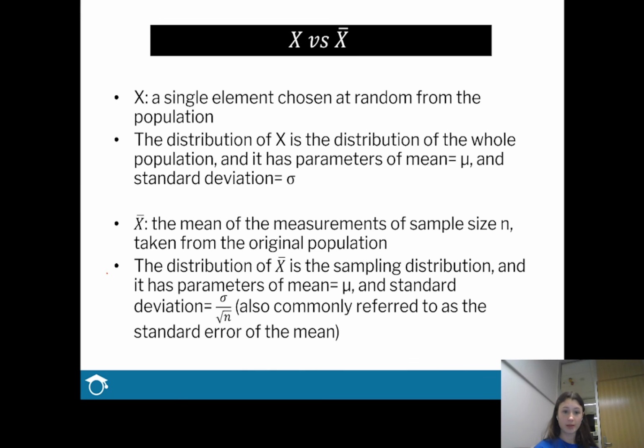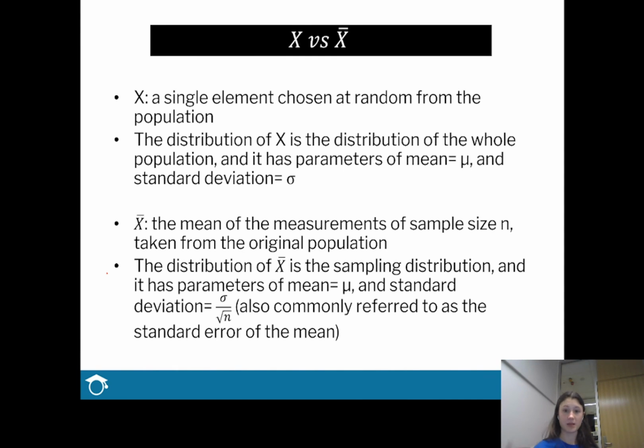The difference between capital X and capital X dash. So capital X is a single element chosen at random from the population. It's just like one part. And the distribution of X is a distribution of the whole population and has parameters mean, mu, and standard deviation, sigma, which is the standard deviation of the population.